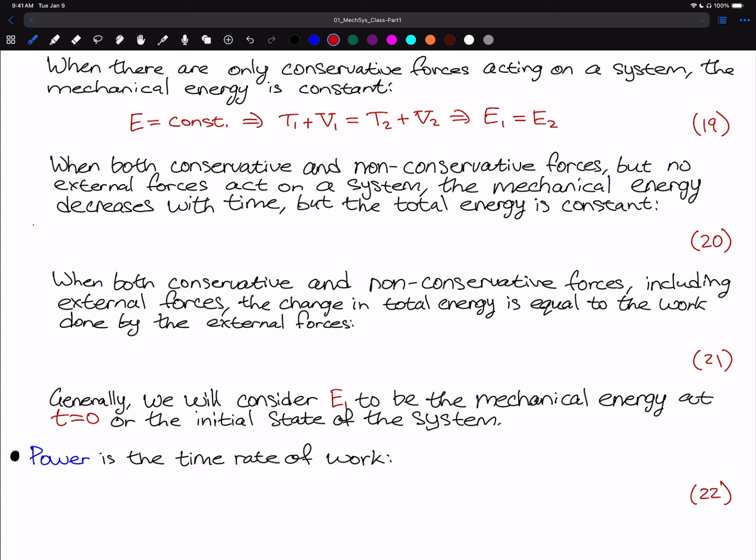We're going to write this as the change in mechanical energy, E2 minus E1, is going to be equal to minus dE1 to 2. That's the work done by the dissipation or the non-conservative force. And what we'll find if we bring that over to the other side is that E2 minus E1 plus dE1 to 2 is going to be equal to a constant.